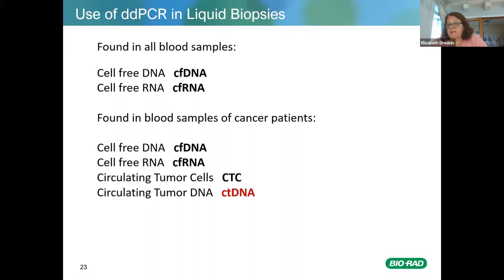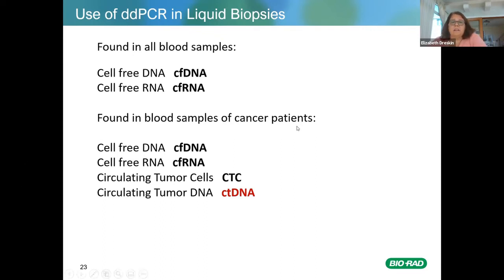Maybe you want to study the progression of somebody's cancer or disease, but the cancer is difficult to access. So we can take advantage of the fact that all blood samples from people contain cell-free DNA and cell-free RNA.